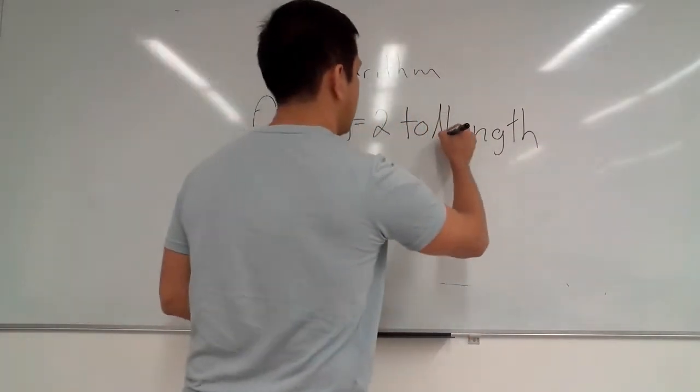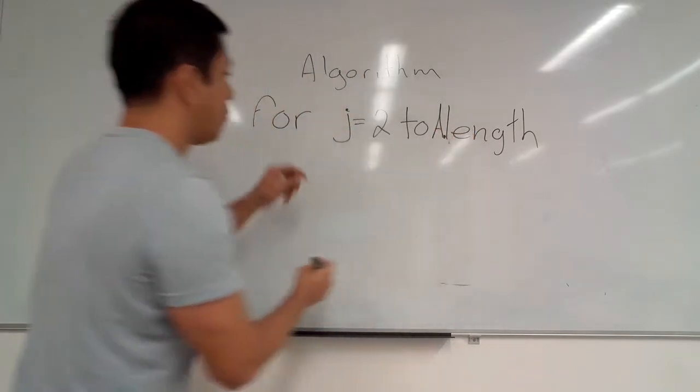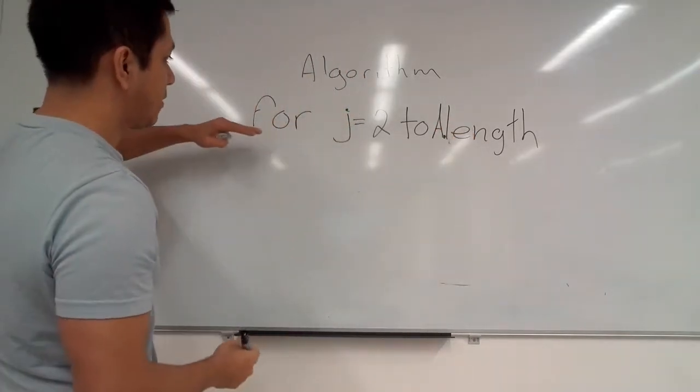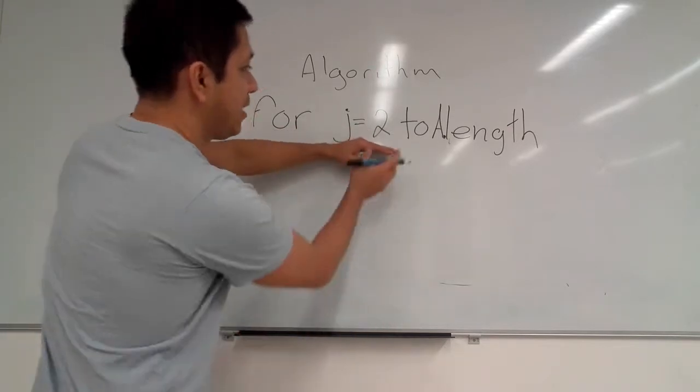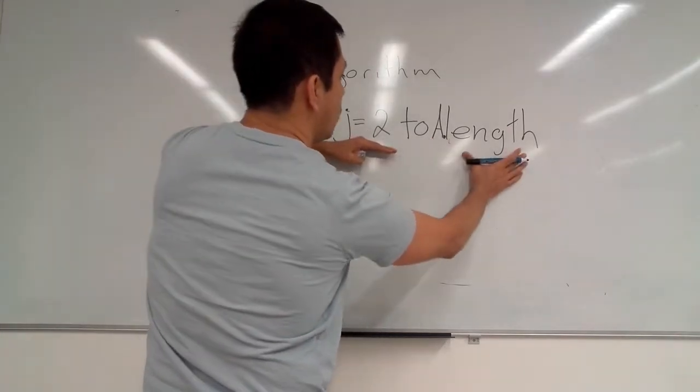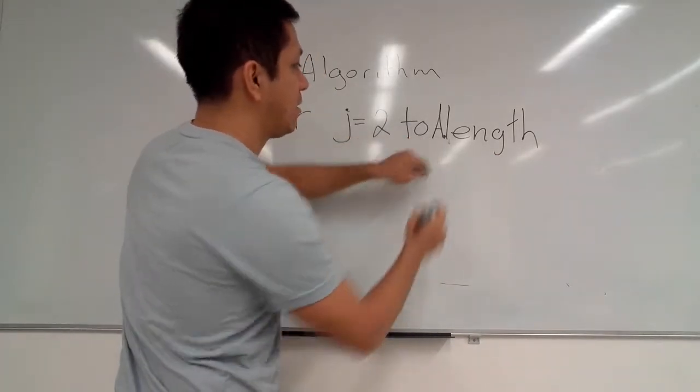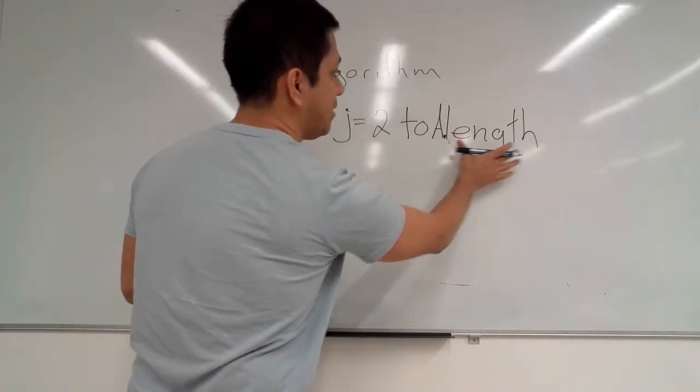The length of A. We said that the for will start with the index, and this index will be compared with A, this is the name, and the length.